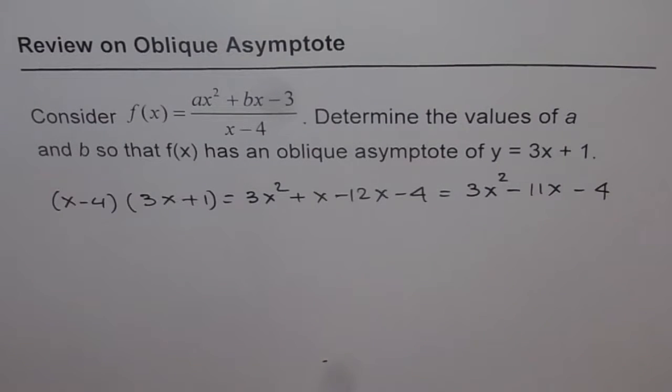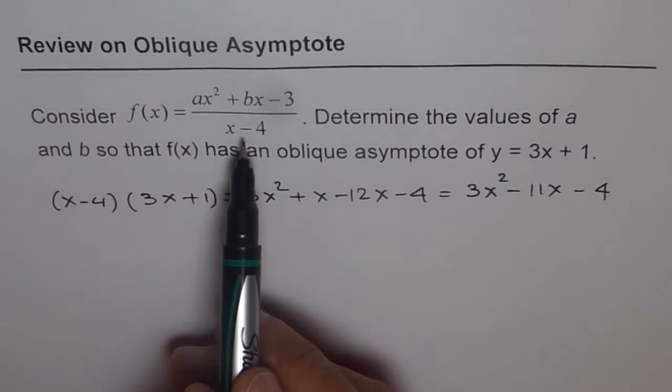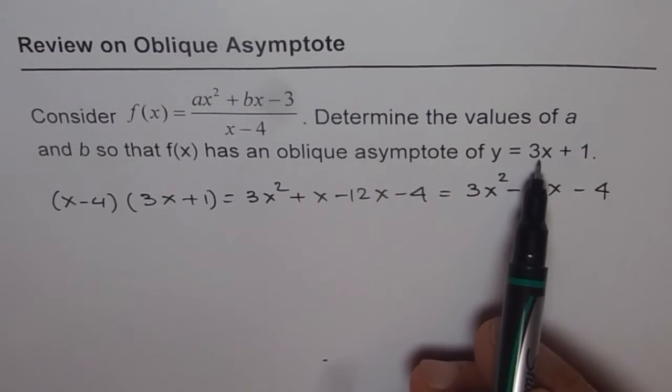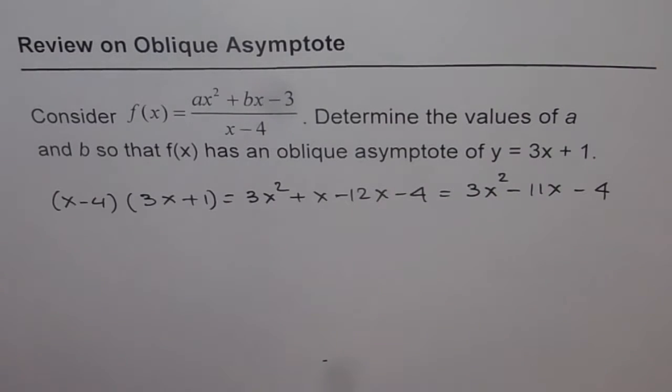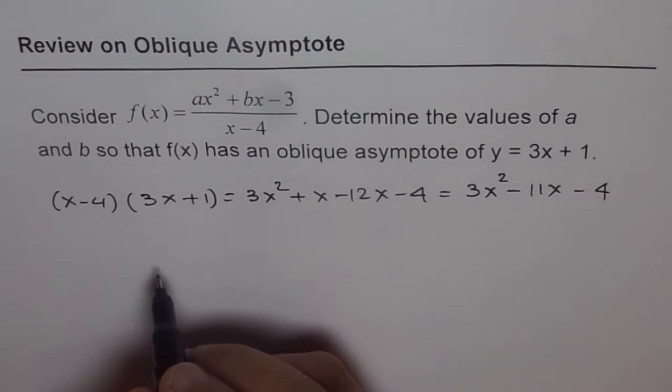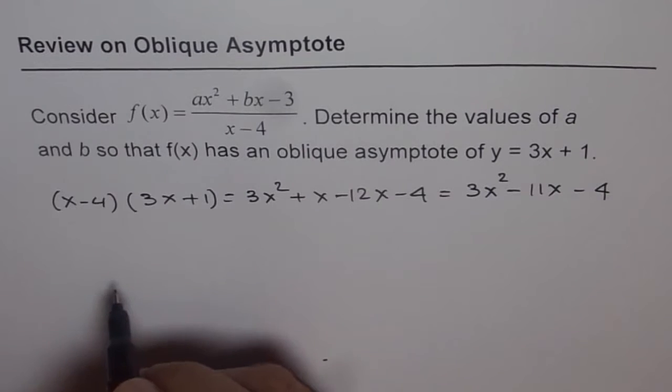Now how do I find a and b from here? Well, as we said earlier, when we divide numerator by denominator, the quotient should be 3x plus 1. That is what will help us to get the answer, right? So let's do that division.